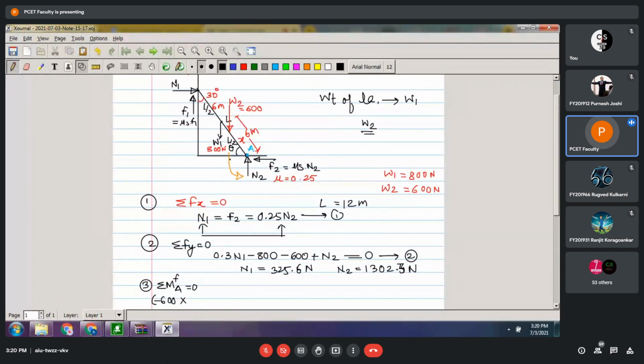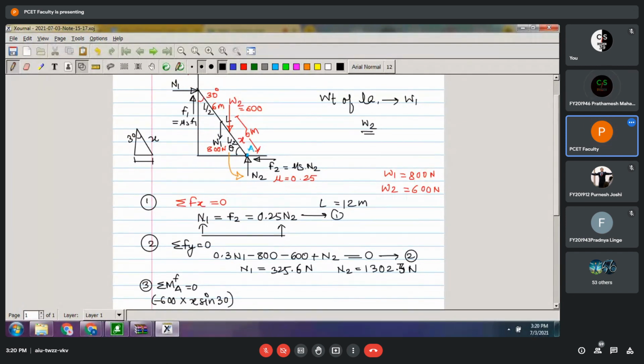This is my hypotenuse, which is x. So what will be this distance? x sin 30. Did everyone understand this?